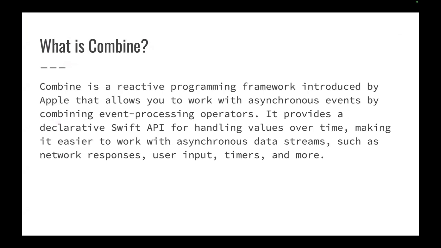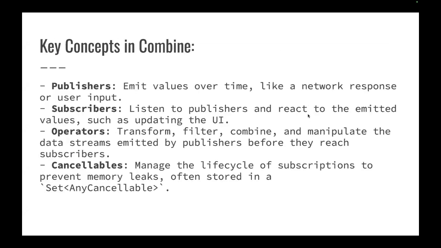Similar to what we've discussed in previous videos, escaping closures and async await. One of the big differences is in Combine, you have publishers, subscribers, operators, and cancellables. Publishers emit values over time, basically responses from your API call. Subscribers listen and react to those values.